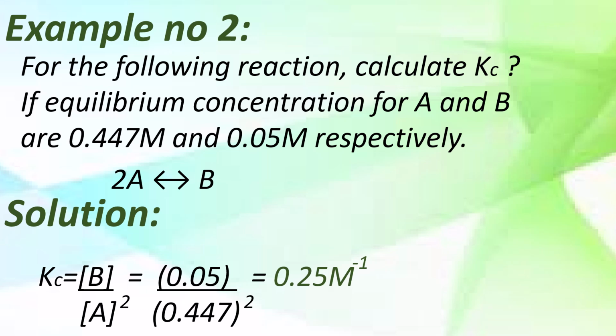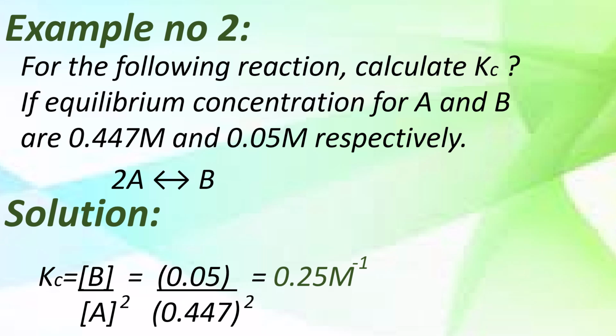Equilibrium concentrations of A and B are already given. In example 1, the initial concentrations were given. But in example 2, equilibrium concentrations are given. So it's simply the easiest way to calculate Kc.